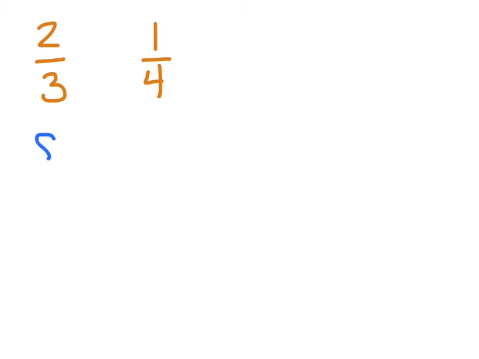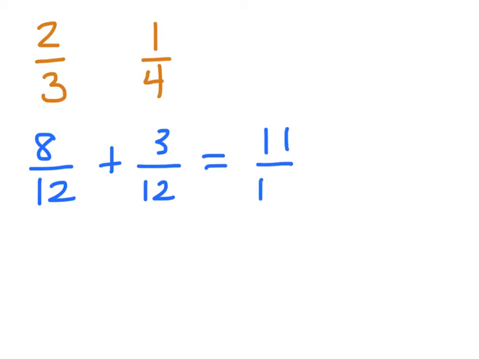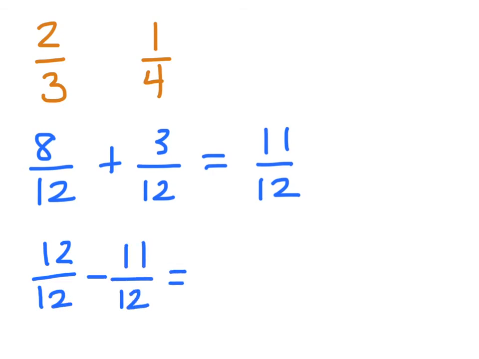So we'll rewrite these as 8/12 plus 3/12. That will give us the amount of plants in the garden that are not pumpkins, and that's 11/12. Okay? So we want to know how many plants are pumpkins, so we're going to take 12/12, our whole, and subtract 11/12 to get 1/12 remaining.